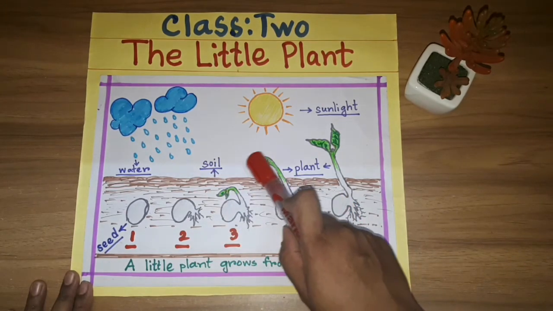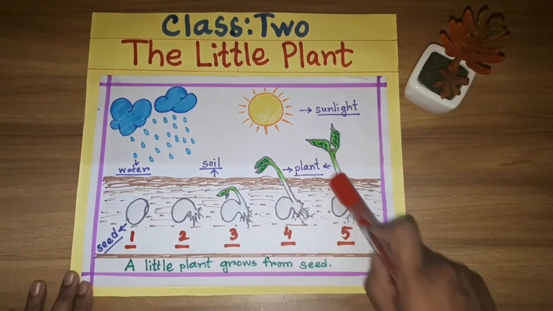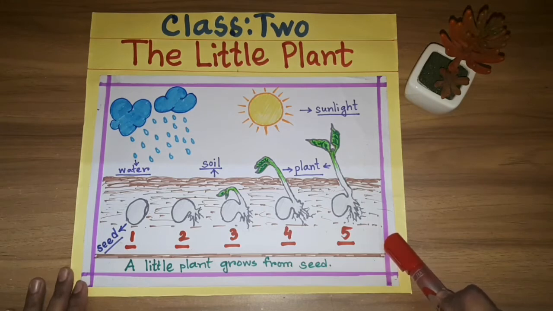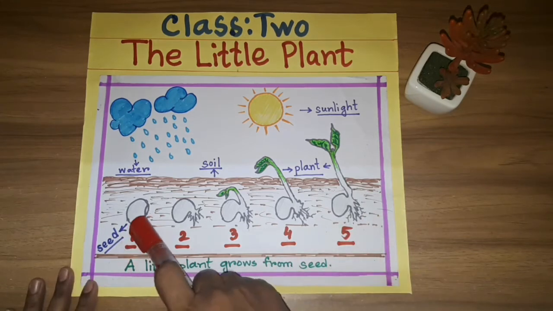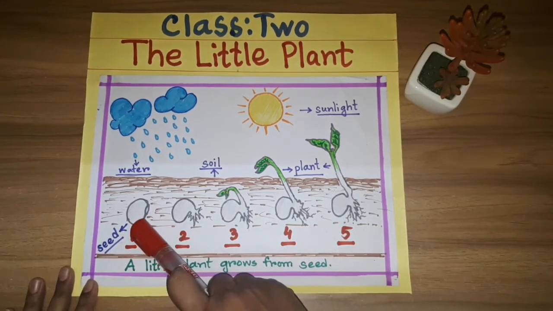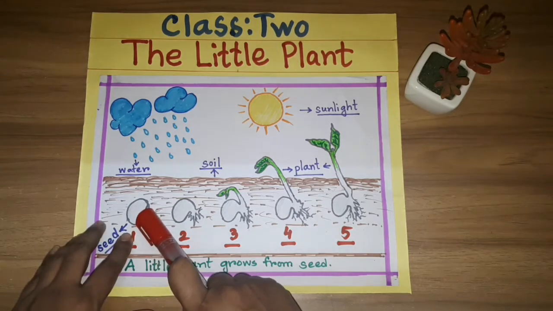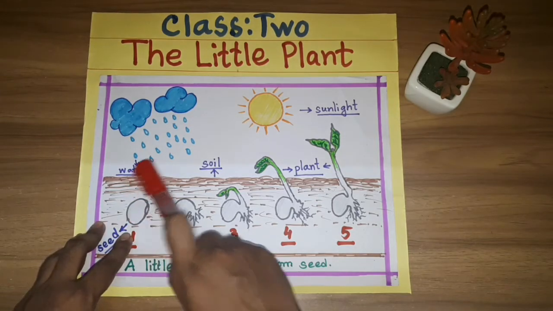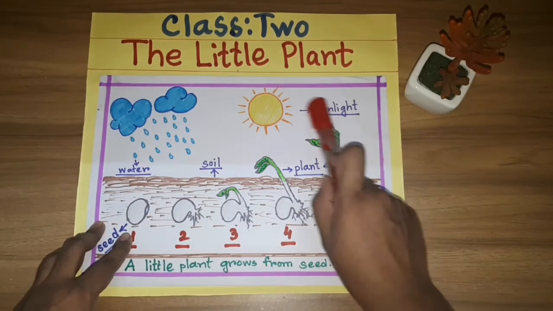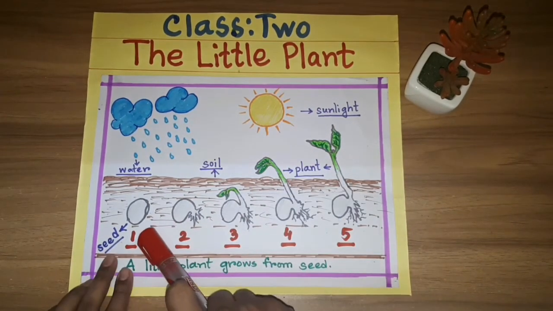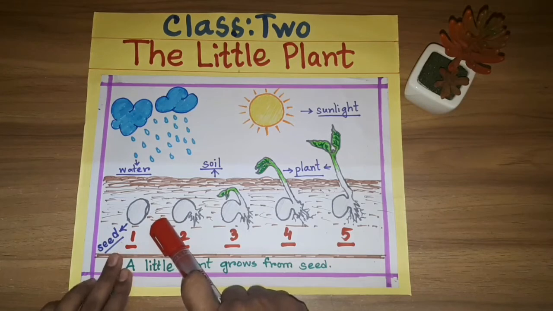And these green leaves with stem are our plant. So what does it mean? When we sow or put a seed in the ground, and this seed gets water and sunlight from sunshine, it tries to change.